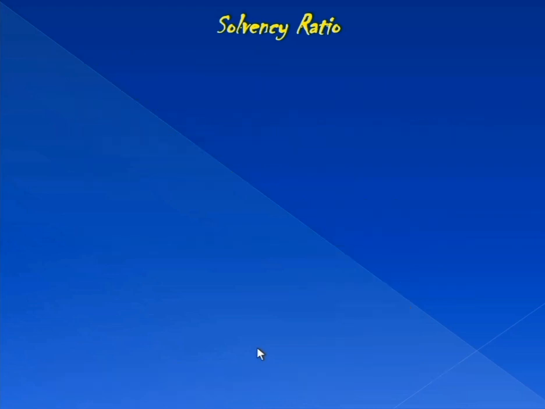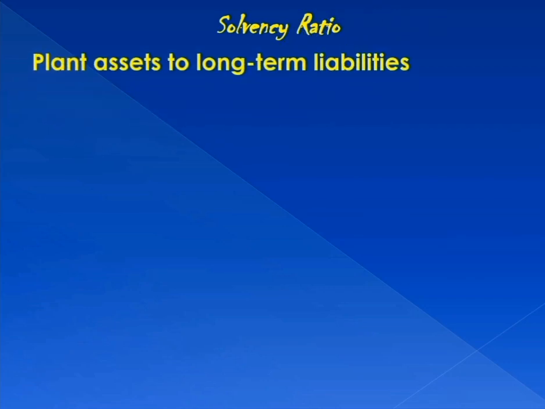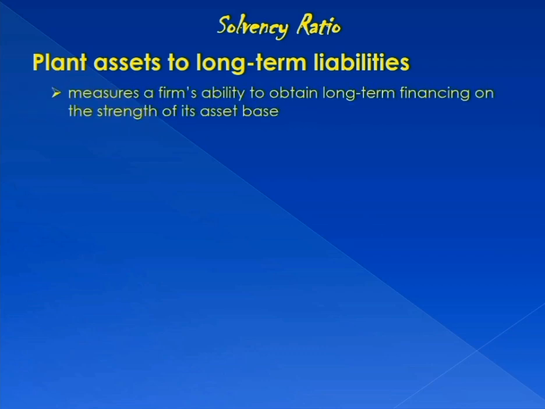Moving forward, most likely you already know that entities often pledge their property, plant, and equipment as collateral to secure long-term loans. It is not surprising, therefore, that analysts compare a firm's plant assets net of their accumulated depreciation to long-term liabilities in order to evaluate its ability to obtain long-term financing on the strength of its asset base.